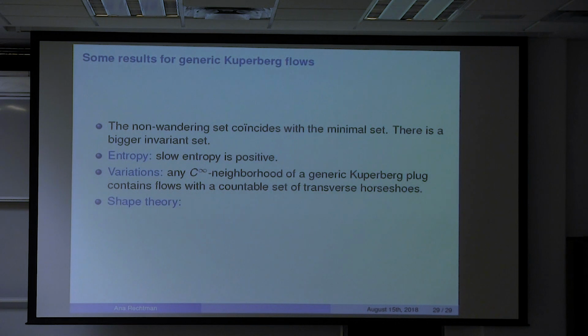Christina at some point asked us if we could study the shape of this minimal set, and there's something called shape theory, that I don't know if you know, that studies a set that is embedded either in a Hilbert space, or in this case in R3, by studying sequences of neighborhoods that are shrinking to the set.